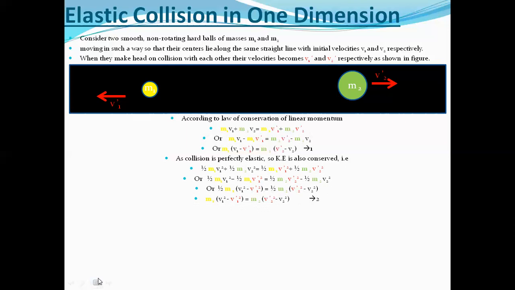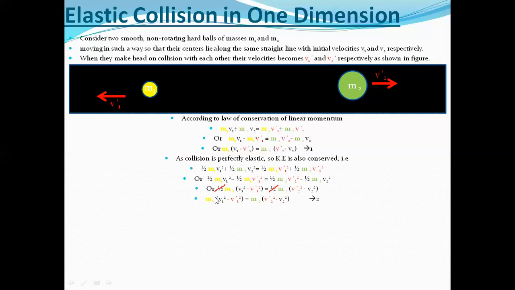So the half can be cancelled on both sides. The next part can be written as m1, taken common, (v1 square minus v1 dash square) is equal to m2 (v2 dash square minus v2 square). Let us call this equation 2.